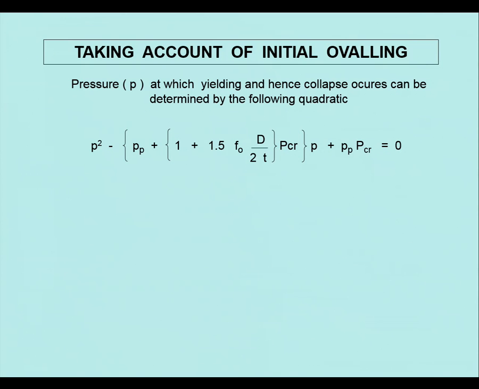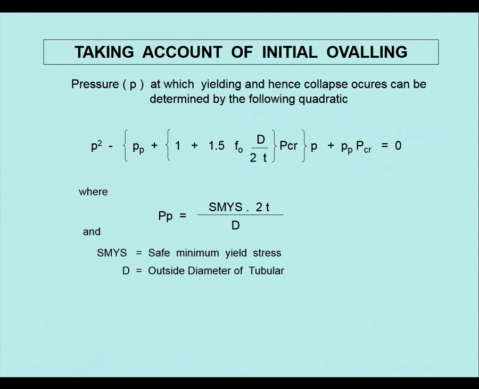And that's how it's solved. Where PP is the minimum yield stress times 2T over D, and SMY is the safe minimum yield, D is the outside diameter, and T is the wall thickness.